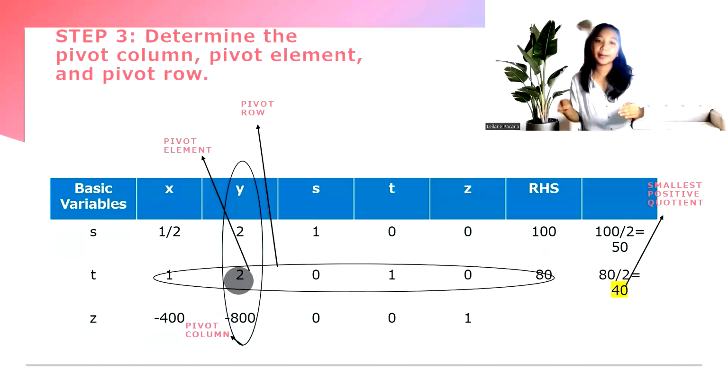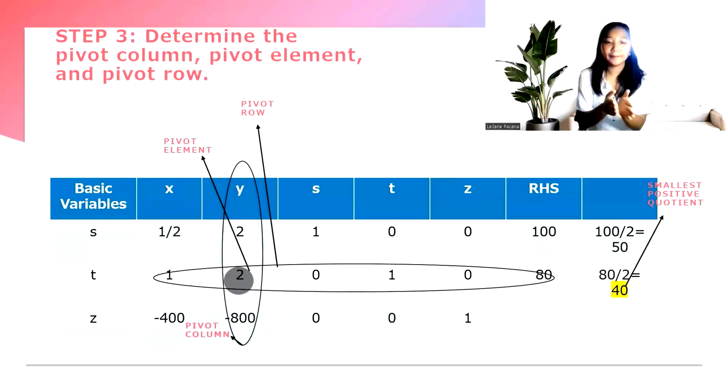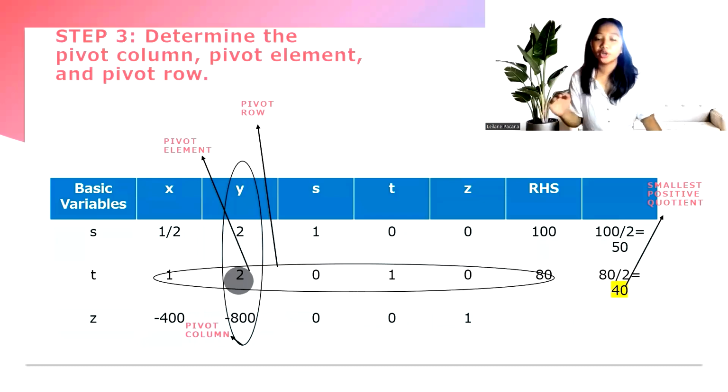Now, to determine our pivot row, we have to divide the right-hand side by the pivot column. So 100 divided by 2 is equal to 50. 80 divided by 2 is equal to 40. So what is the smallest positive quotient between the two? Of course, that's 40. So the row where 40 is located will now be our pivot row. And our pivot element is where the pivot column and pivot row intersect. So that is the number 2. So 2 here will be our pivot element.